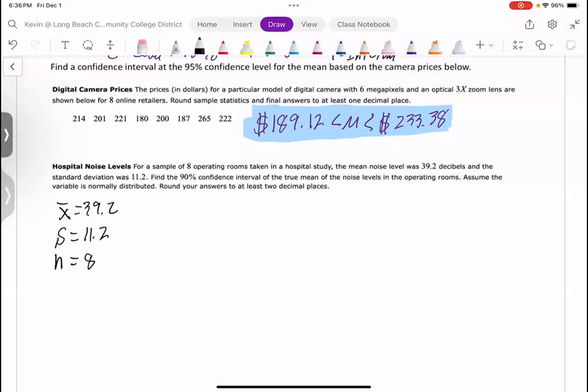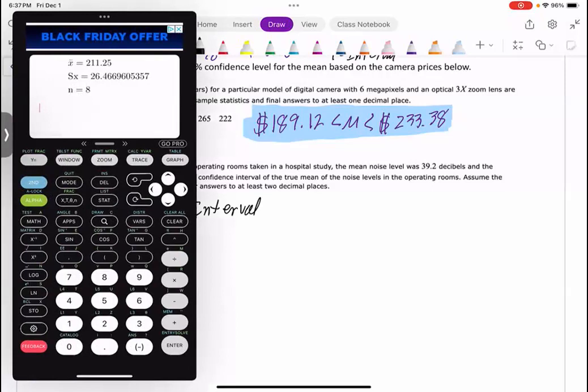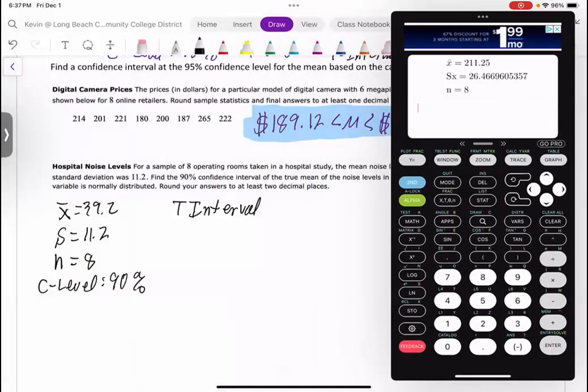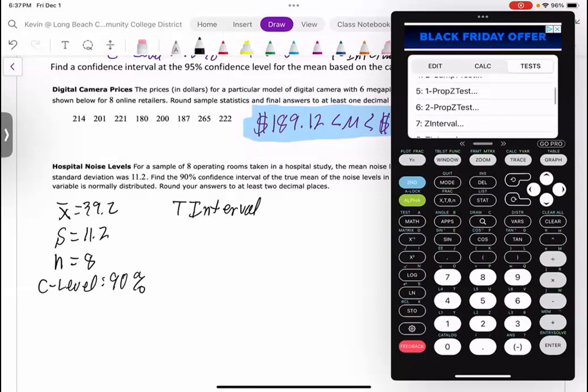Find a 90% confidence interval for the true mean noise levels of operating rooms. All right, now I want to point out that our C level is at 90%. Once again, we're going to be using a T interval. So stat, tests, we're going to go down to a T interval.